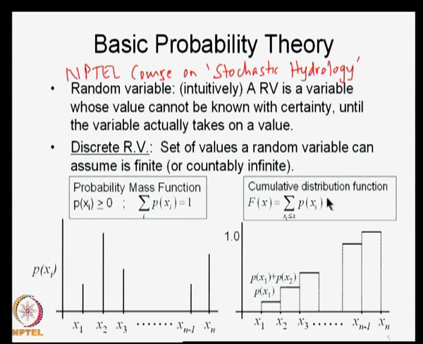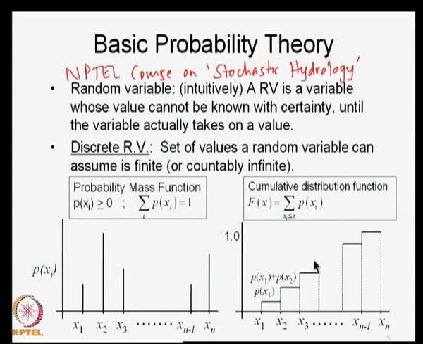So, this is the concept of cumulative distribution function, and therefore, it is denoted as capital F of x, equal to summation over all xi less than or equal to x, of probability of xi. What I mean by that is, let us say that you want probability of X being less than or equal to a particular value x4.